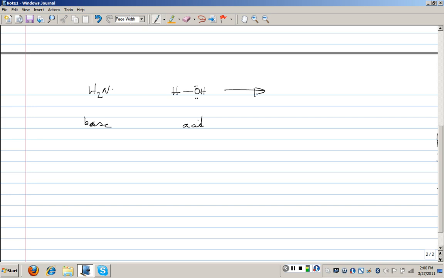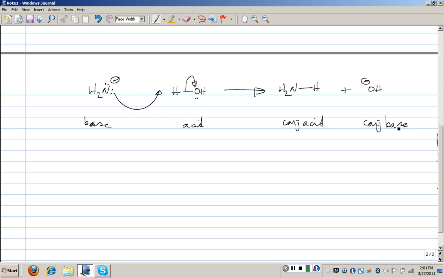If anything were to happen, and I'm not saying anything does, the NH2 minus would use its lone pair of electrons. It would steal the H, that's H plus, from the water, and generate the ammonia molecule and hydroxide. This would be the conjugate acid. This would be the conjugate base.